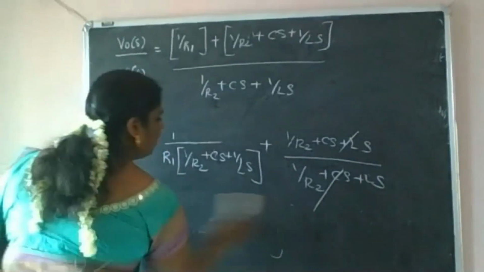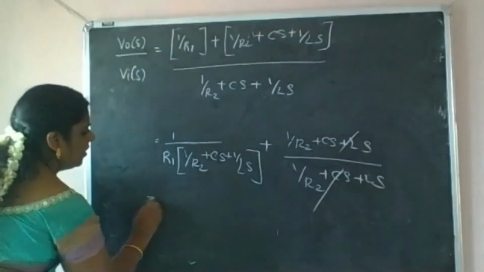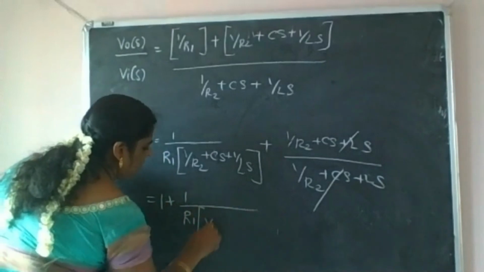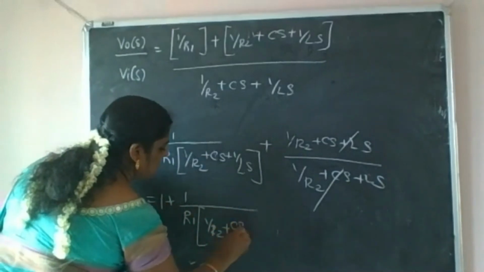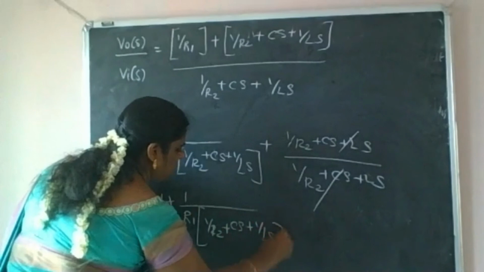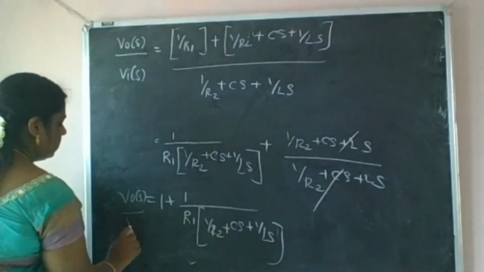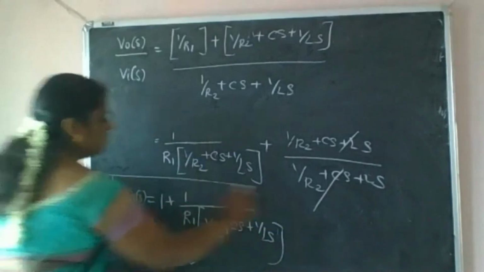So we get 1 plus 1 by R1 into 1 by (1 by R2 plus CS plus 1 by LS). This is the transfer function of the given operational amplifier circuit.